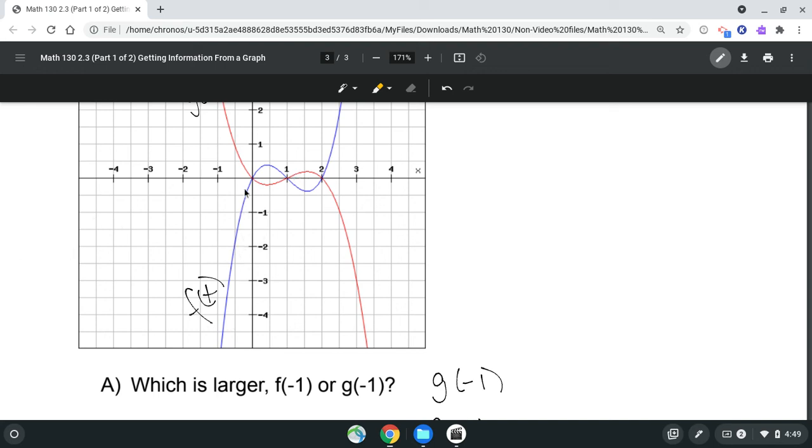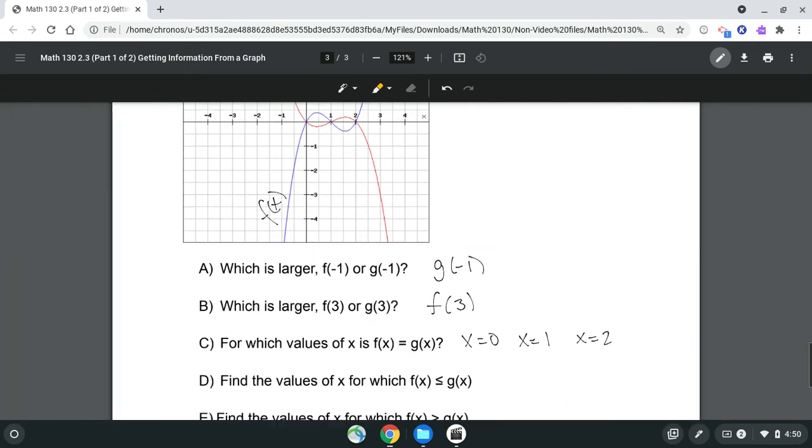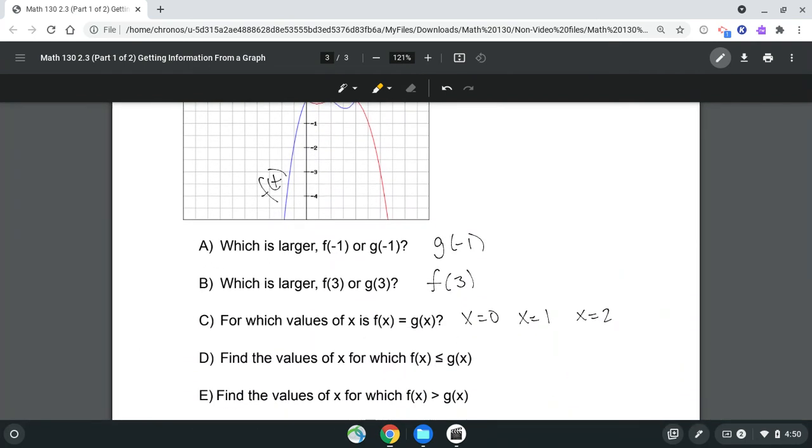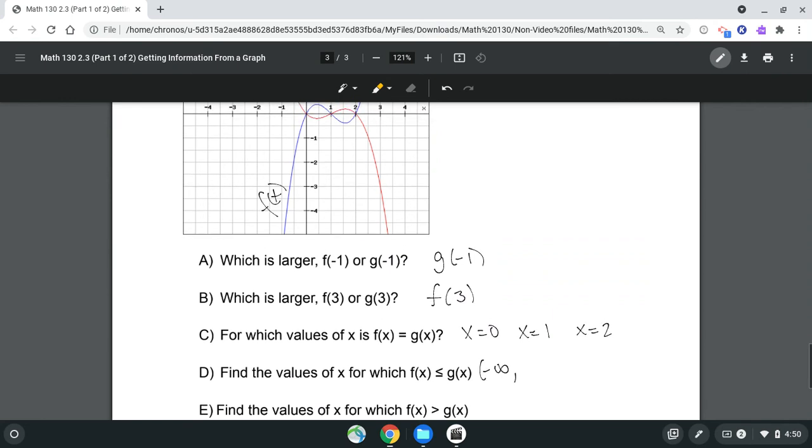Let's go ahead and write that down. From negative infinity to 0, we can use bracket because we have less than or equal, not strict inequality. And then from 1 to 2.